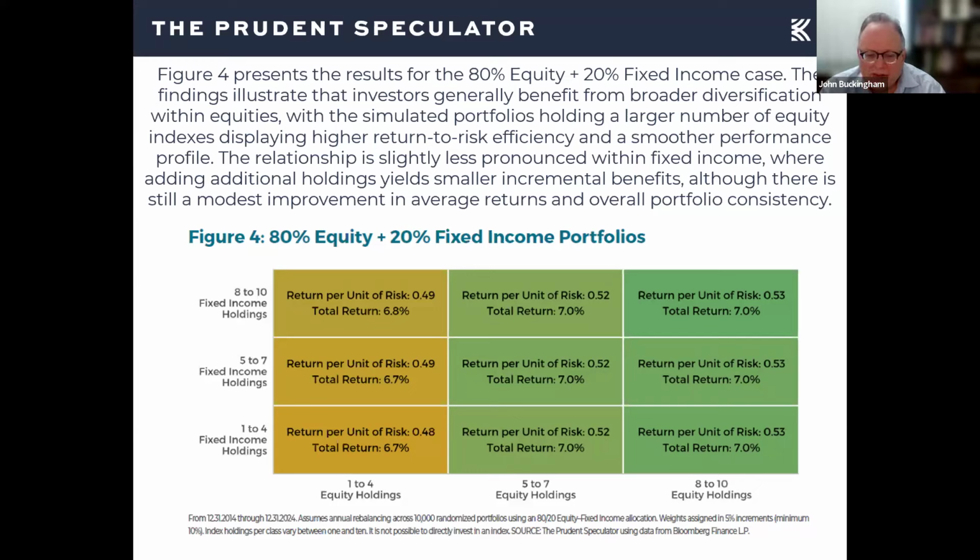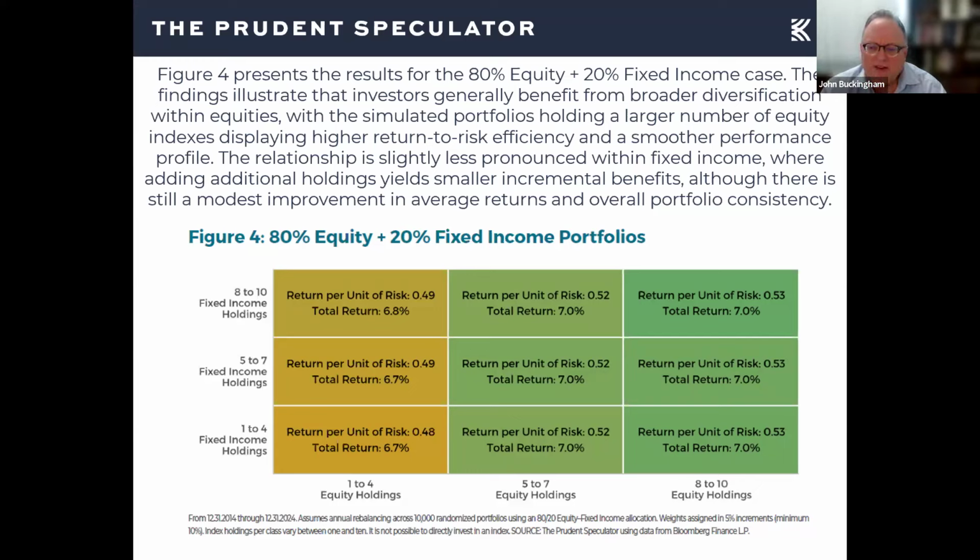We got the same kind of results: the more equity exposure, or the more diversification in your equity exposure, the slightly better return you got. We looked at the fixed income side too and asked whether it matters if you have a broadly diversified fixed income exposure. It didn't skew the numbers much at all. What skewed the numbers was having more equity exposure.